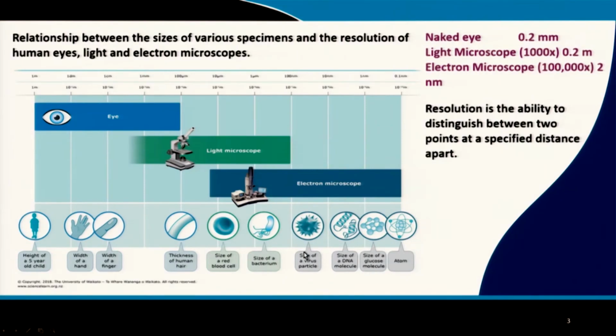After the bacterium, the smallest biological particle would be a virus particle. These viruses can range from anywhere from 15 nanometers. The smallest virus that is currently known is called the porcine circovirus type 1.